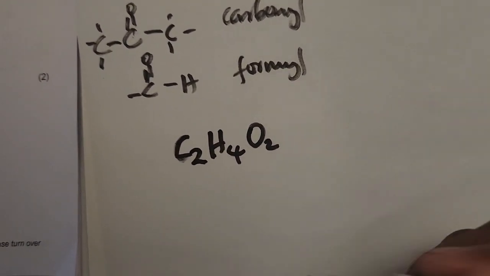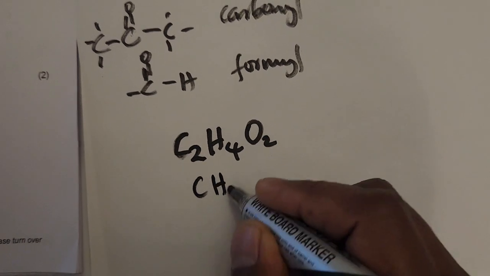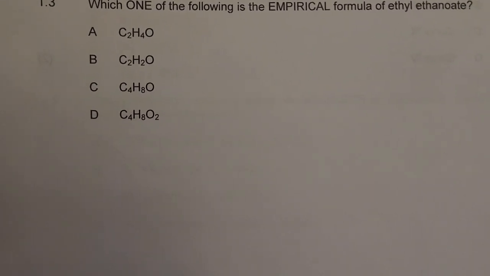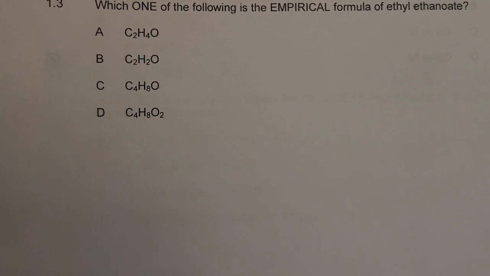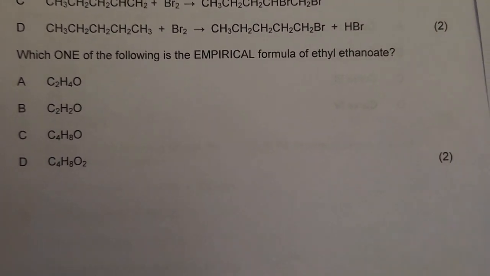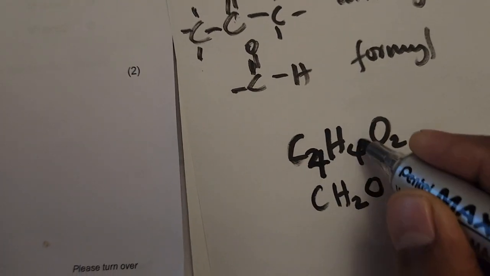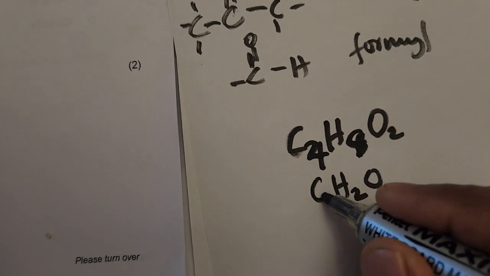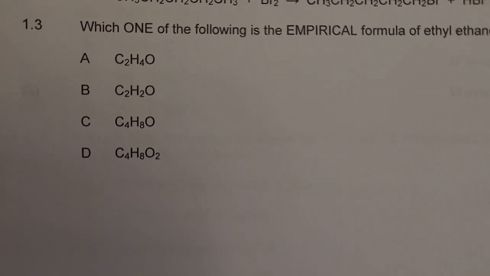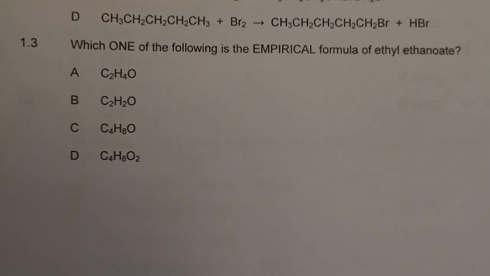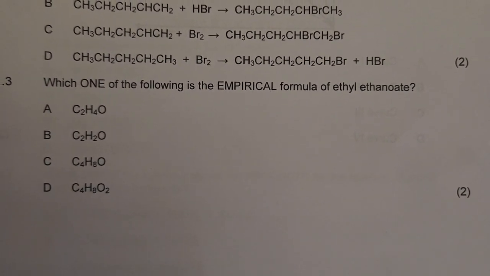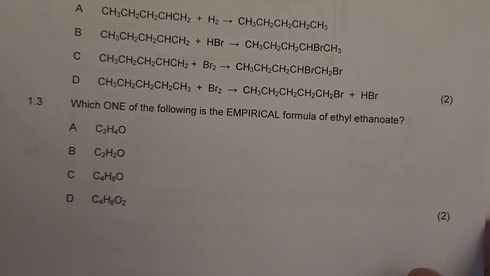Ethyl ethanoate is C4H8O2, all divisible by 2, so it will be C2H4O. A will be the best one. So 1.3 is A. We go to the next question on the next page.